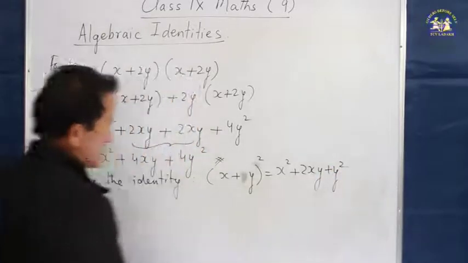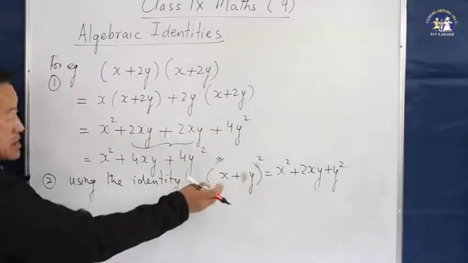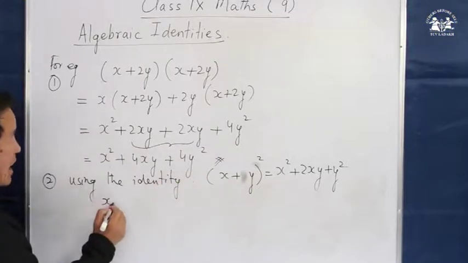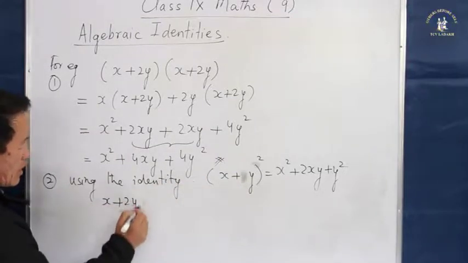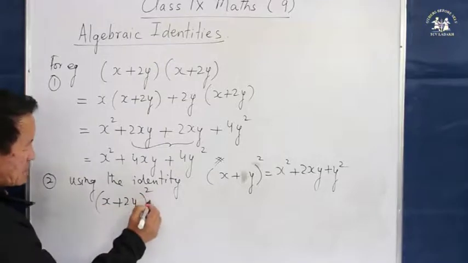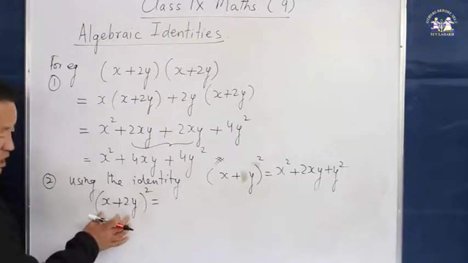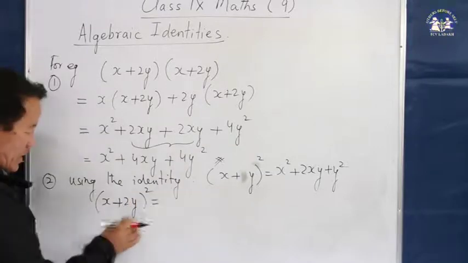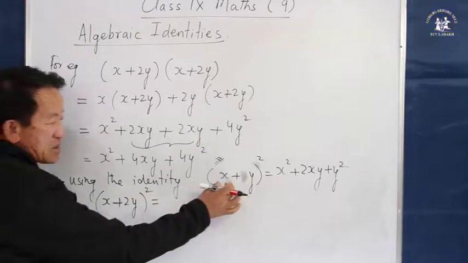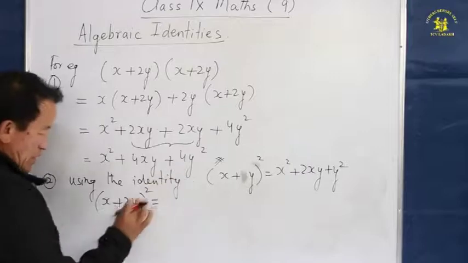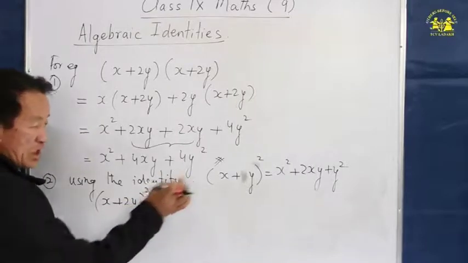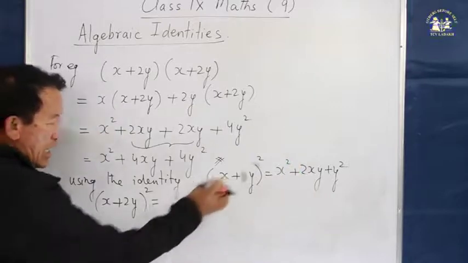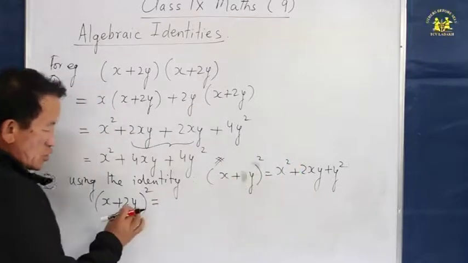This is the identity. So let's compare: x plus 2y into x plus 2y is equal to x plus 2y squared. Try to compare the two terms. They are in the similar form. First term is x. Second term in this case is 2y. So in this equation we shall put, instead of y, 2y.